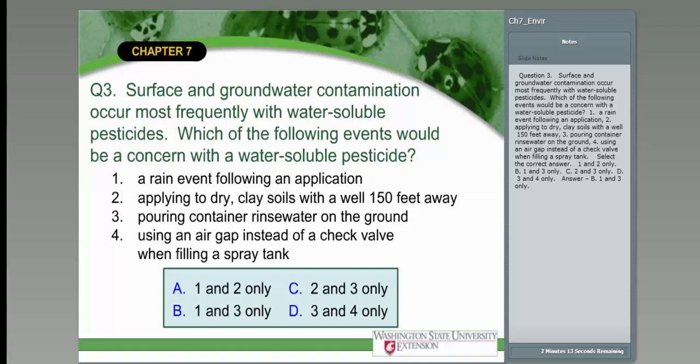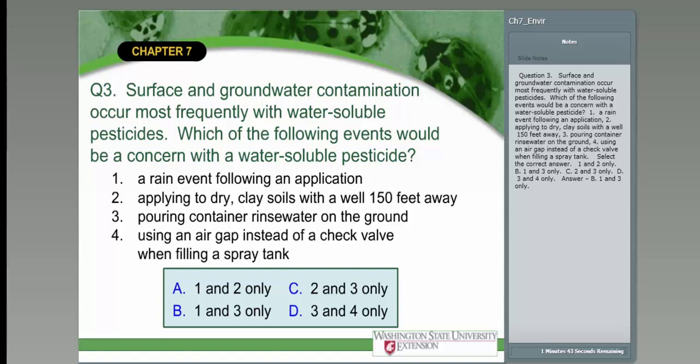Question 3. Surface and groundwater contamination occur most frequently with water-soluble pesticides. Which of the following events would be a concern with a water-soluble pesticide? 1. A rain event following an application. 2. Applying to dry clay soils with a well 150 feet away. 3. Pouring container rinse water on the ground. 4.